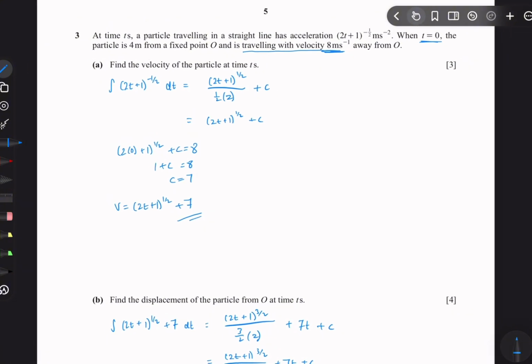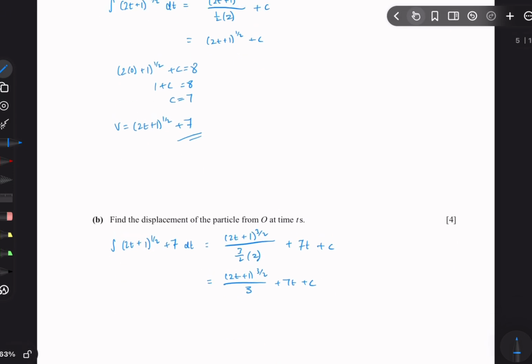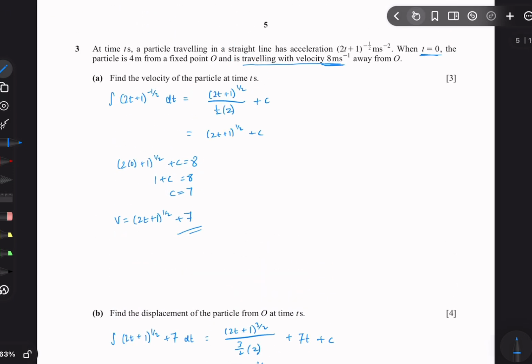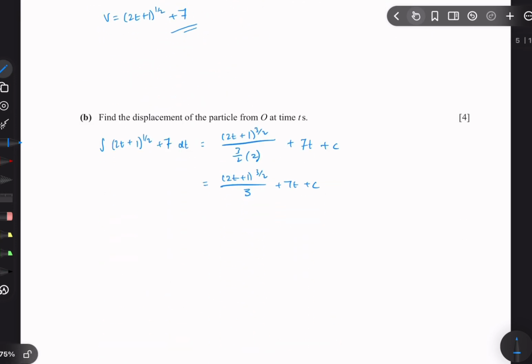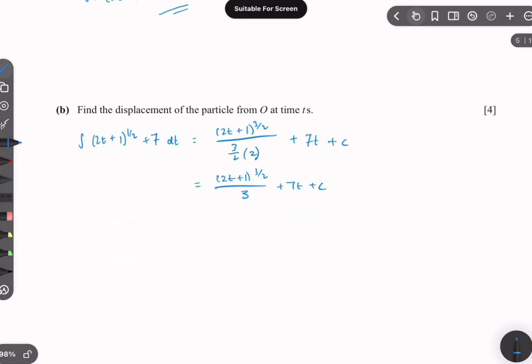Okay, to find the constant, we can sub t equal to 0 and make this equation equal to 4, because the question states that when t is equal to 0, the particle is 4 meters from the fixed point. So let's just sub it in.